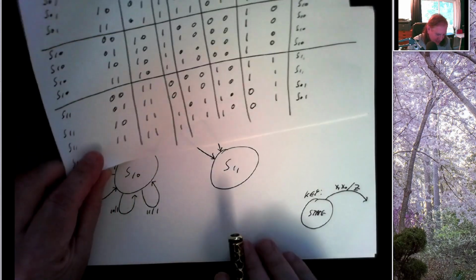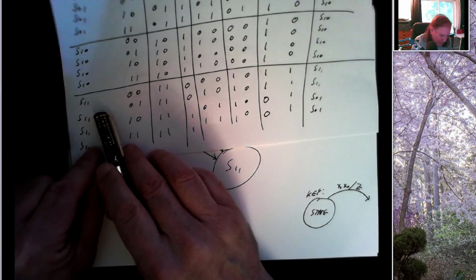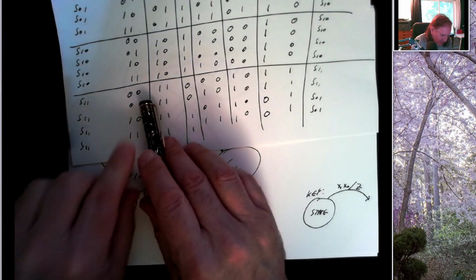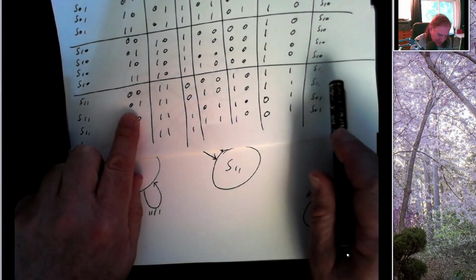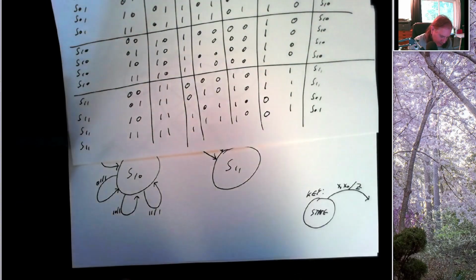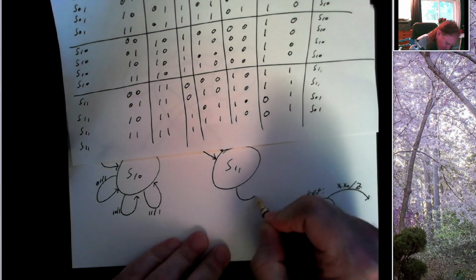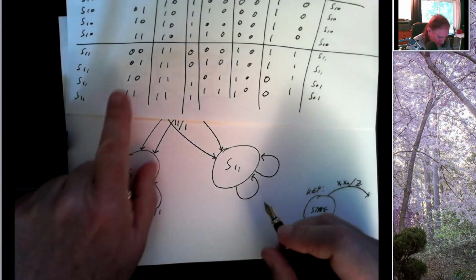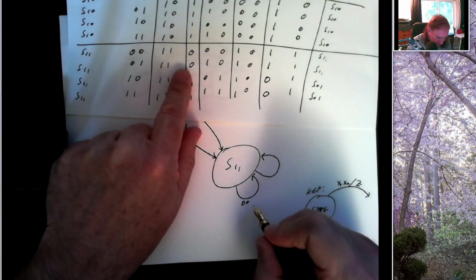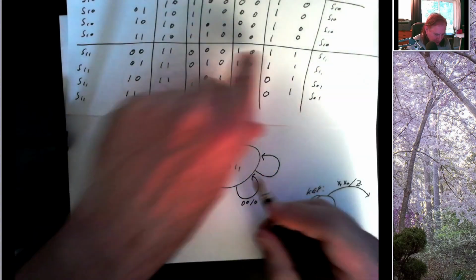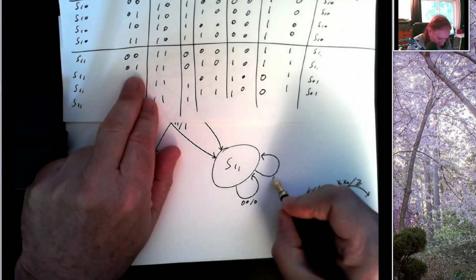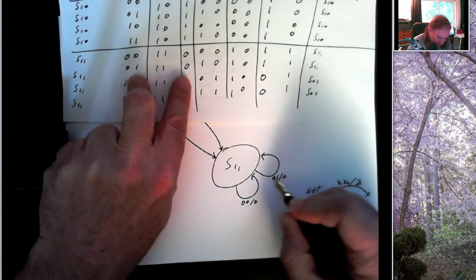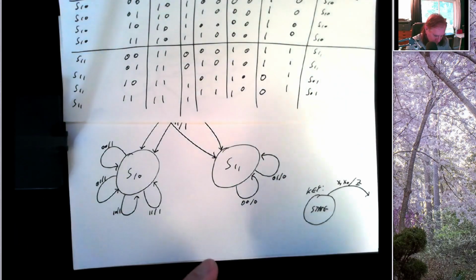All right, so our last 4 situations were in state S11, and it looks like these 2 inputs output a 0 and go to state S11. So let's fill those in. So if our input is 0, 0, our output is 0, and we go to S11. If our input is 0, 1, our output is 0, and we go to S11.